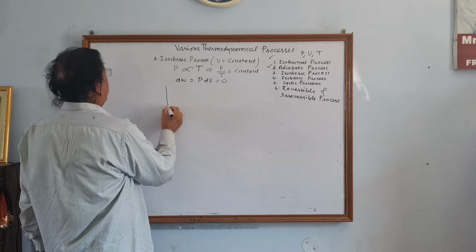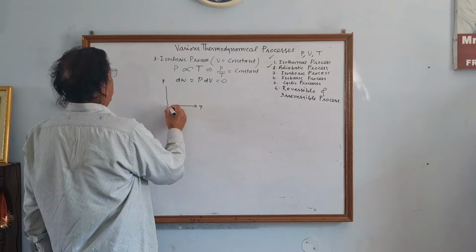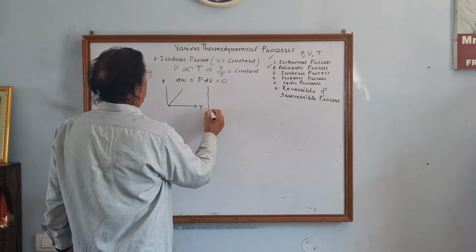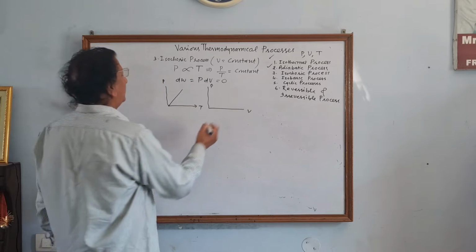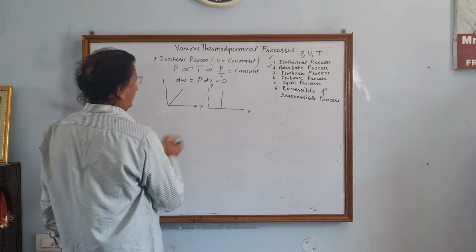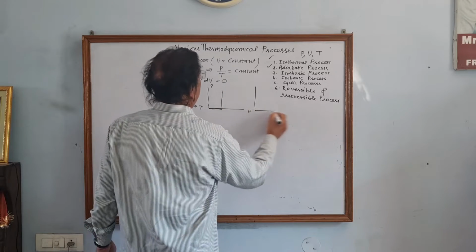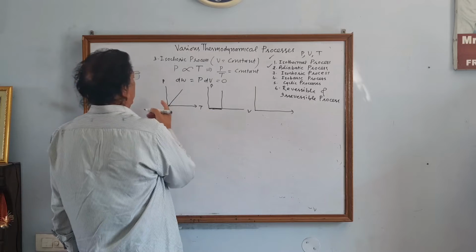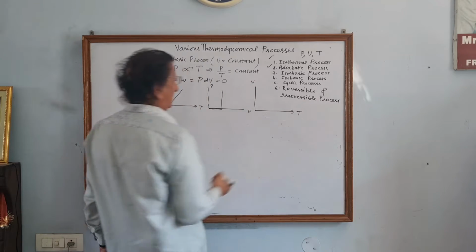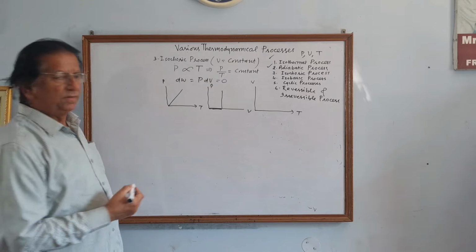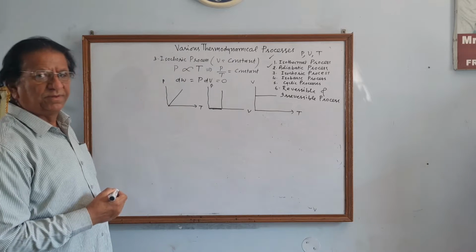And if you plot a graph between P and T, it will be a straight line. In the PV diagram for this process, as volume is constant, the graph will be like this. And in the VT graph, as volume is constant, the graph will be a straight line parallel to the temperature axis.